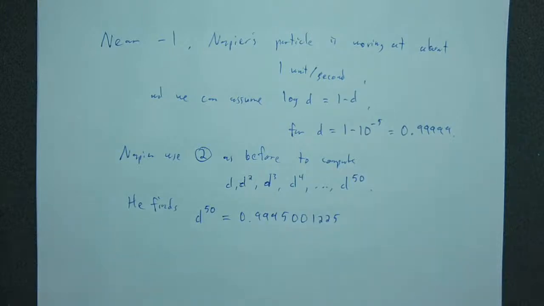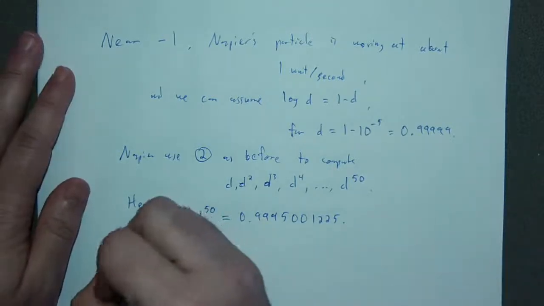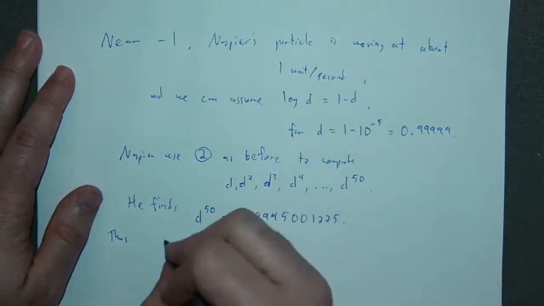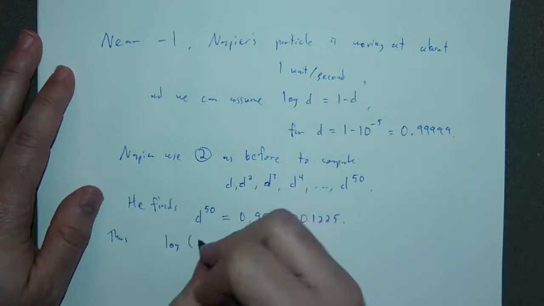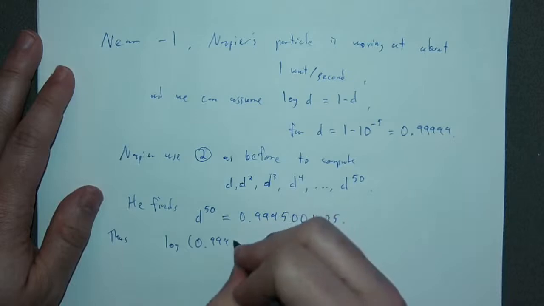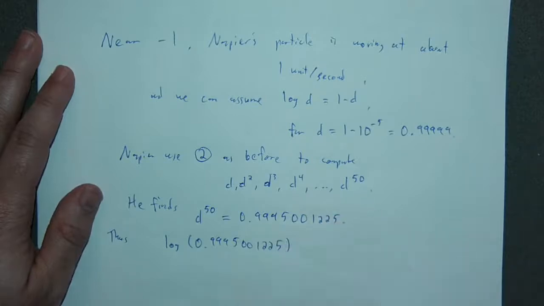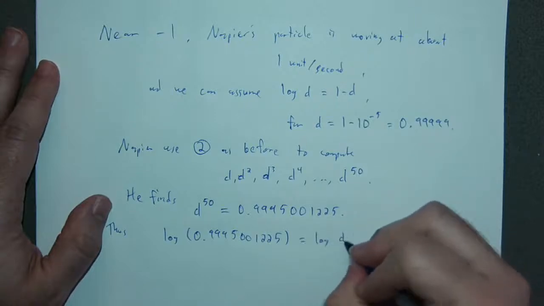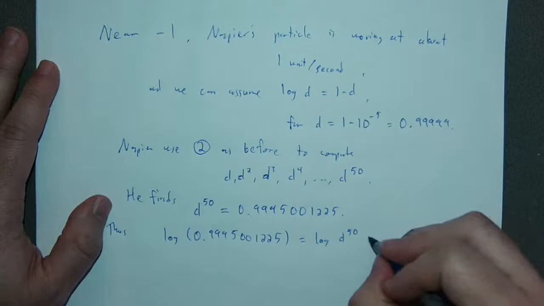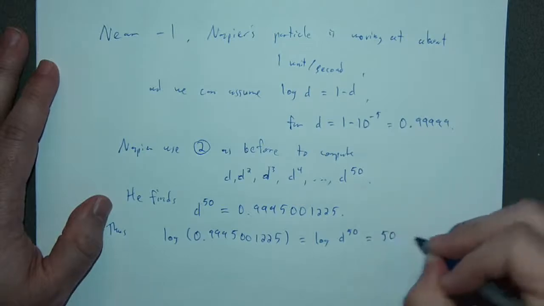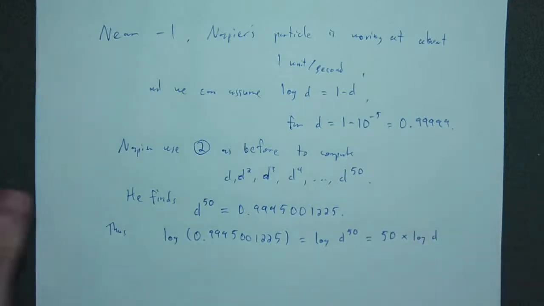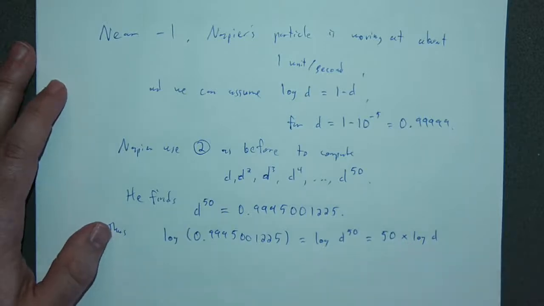Now, how does that help me? Thus, the log of 0.999500125, that's this d to the 50, so that's the log of d to the 50. Well, this is 50 times log d.